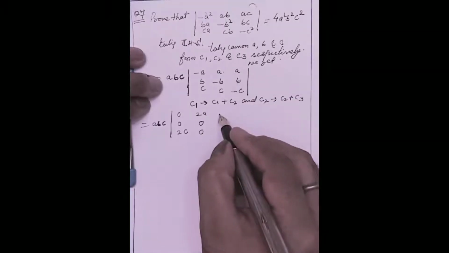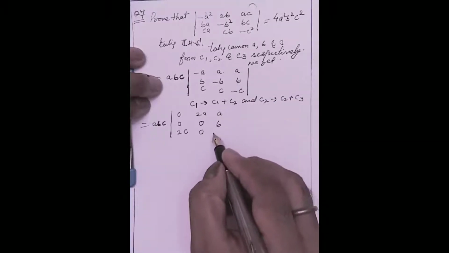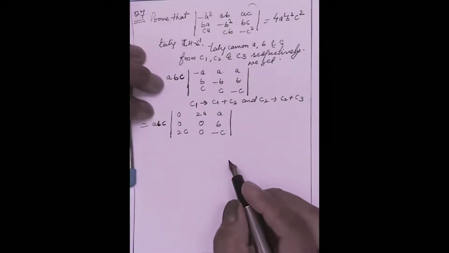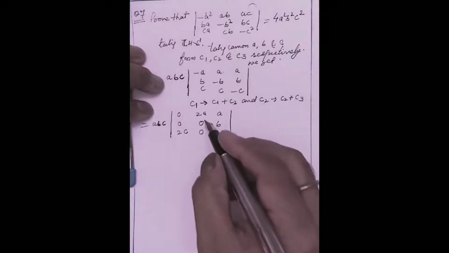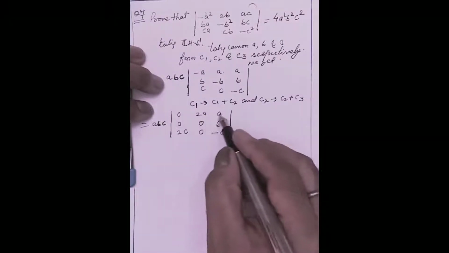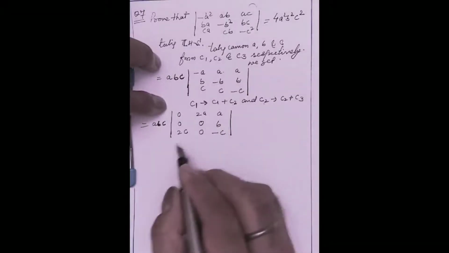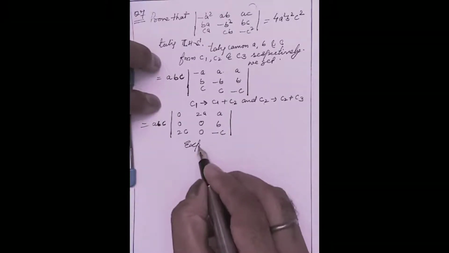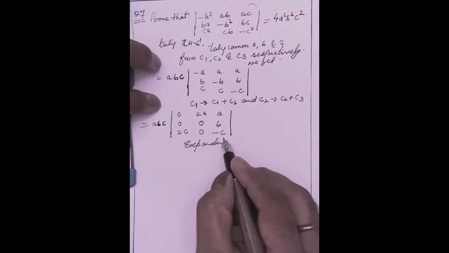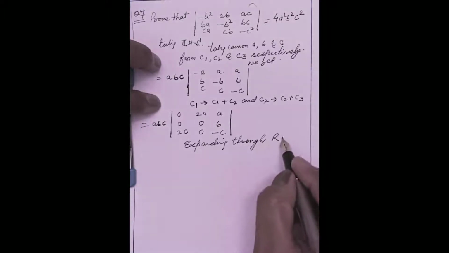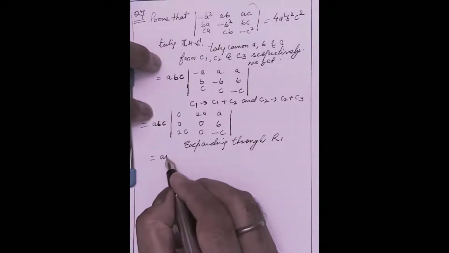There is no change in the C3, so A, B and minus C as it is. Now we need to think over whether we can do anything else. Suppose we give an operation with the help of this or this, then nothing is going to change. So what we are going to do is expand through R1, and we get A, B, C outside.